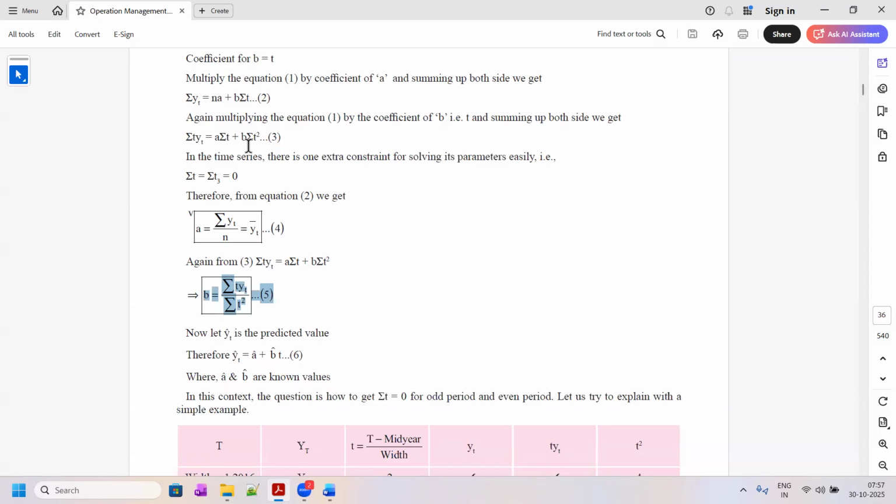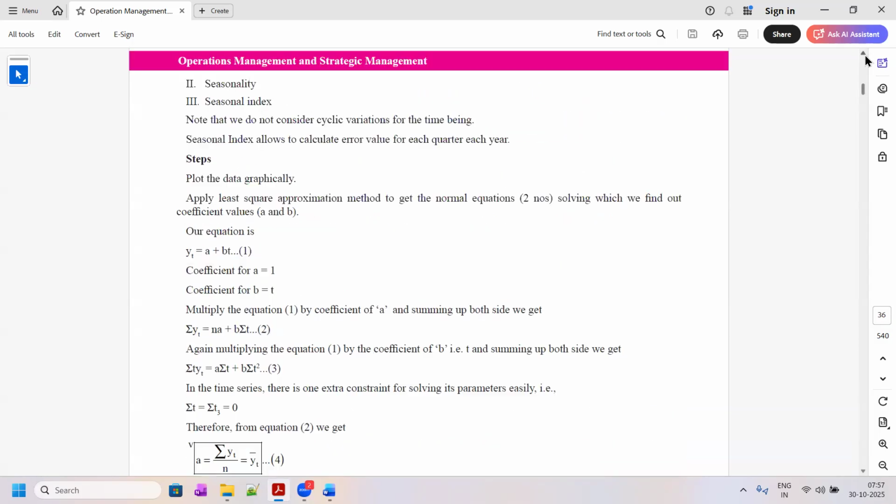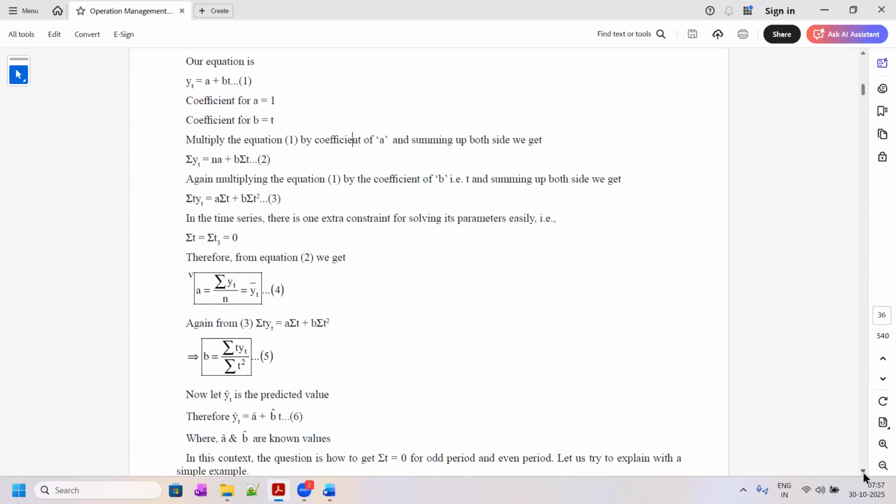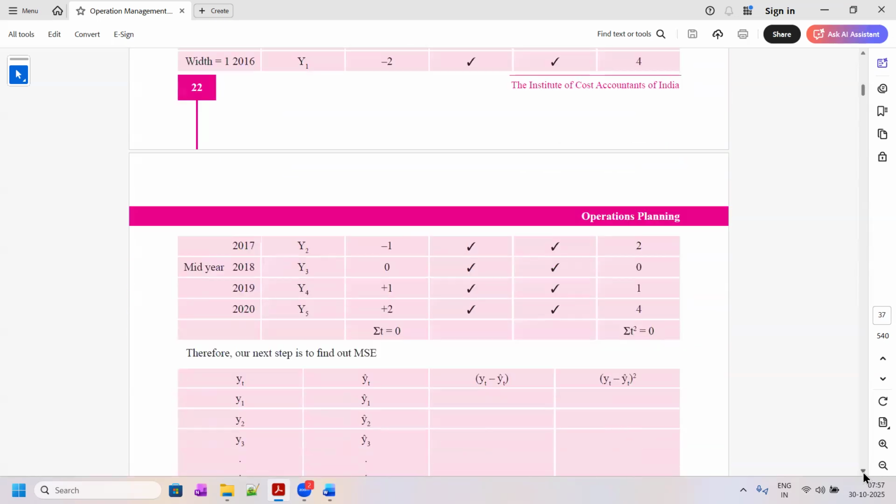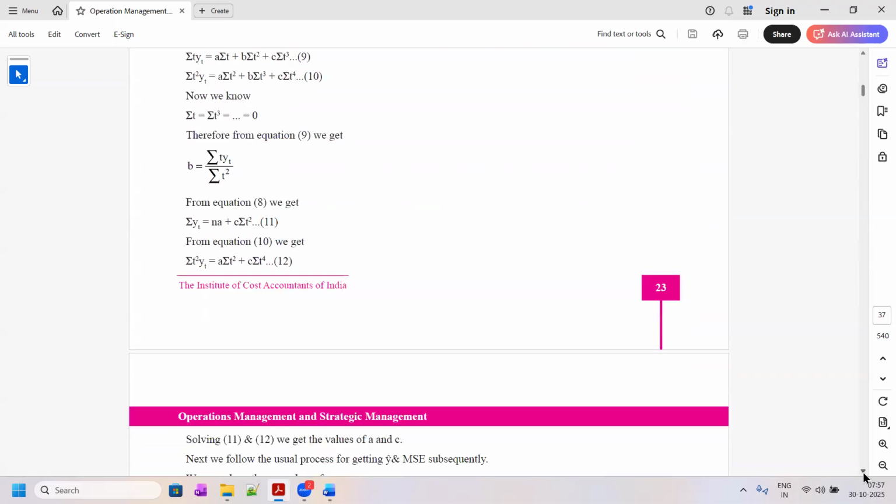Once we get this a and b value easily, we'll put them into the equation y is equal to a plus bt, and we'll get the equation of the straight line. Very simple. We'll do some examples. If I show you, you'll get more idea.